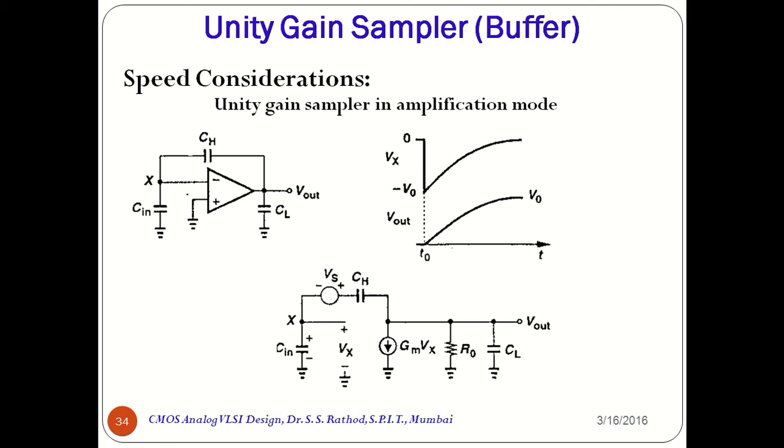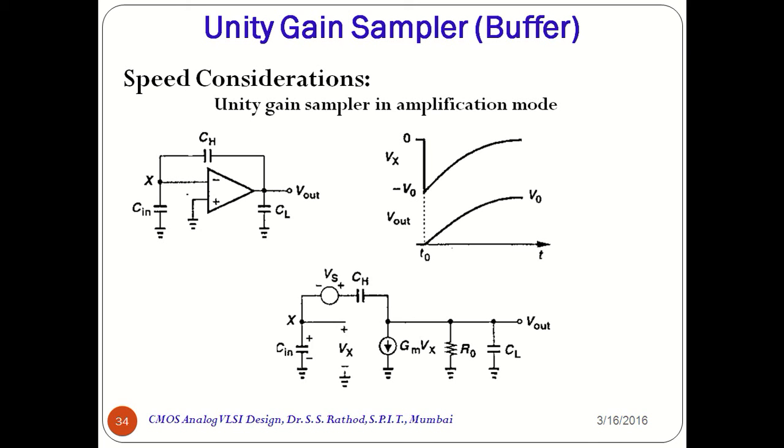Now let us consider the circuit as it enters into the amplification mode. As shown in this figure, along with both the op-amp input capacitance and the load capacitance, the circuit must begin with output voltage equal to 0 and eventually produce Vout equal to V0.